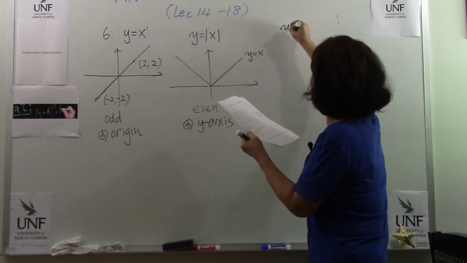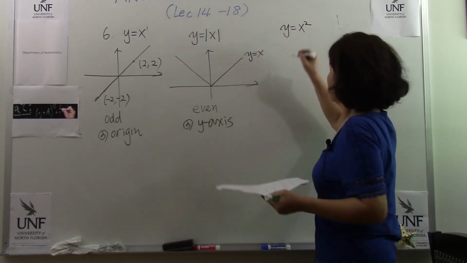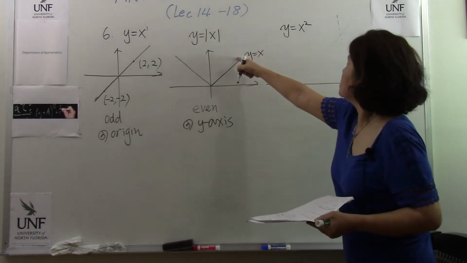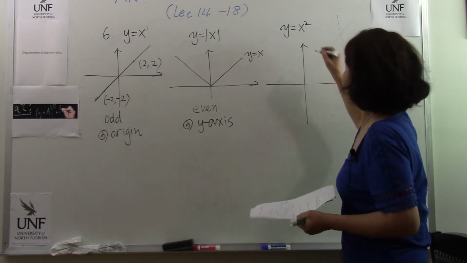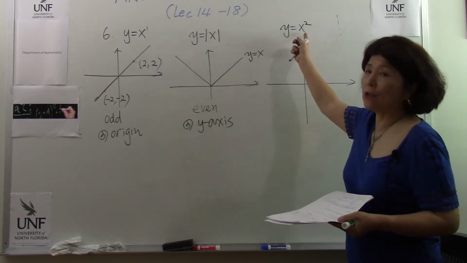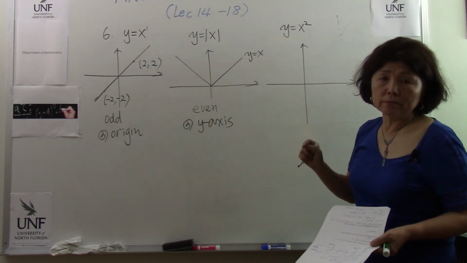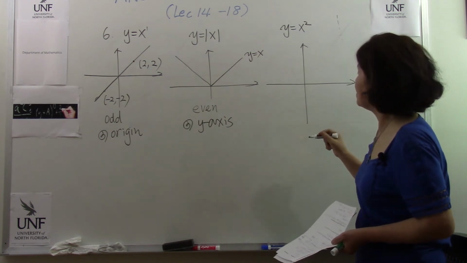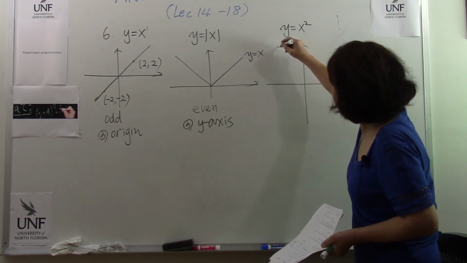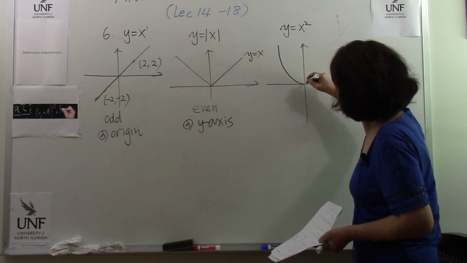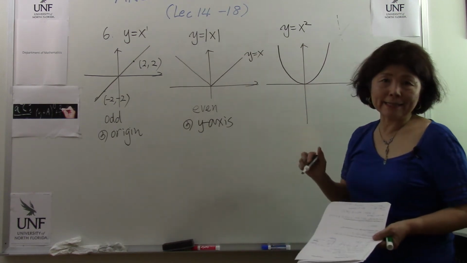The next one is y equals x squared. Unlike the last one, there is no absolute value sign, therefore we can talk about the power alone. It has a power 2, therefore this makes it an even function. And the graph looks like this.